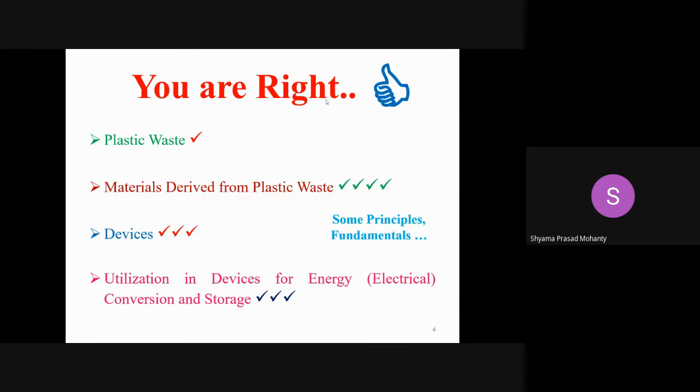We will discuss plastic waste, then the different types of carbons which have been prepared utilizing plastic waste, and devices. Before that, we will have some discussion on the principles and fundamentals which we have already learned or are all aware of. Then finally, we will discuss utilization in devices for electrical energy conversion and storage.